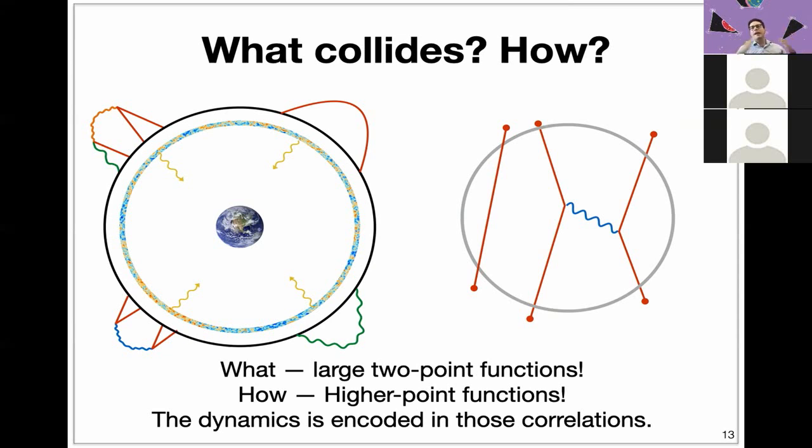If I scatter fermions in the standard model, I can infer the existence of W bosons, or if I scatter W bosons, I can infer the existence of the Higgs, and so on. Great.